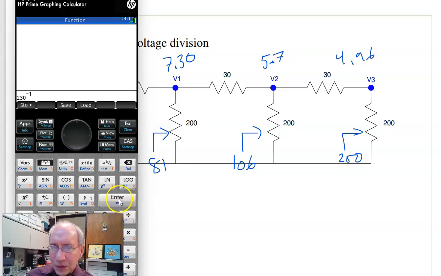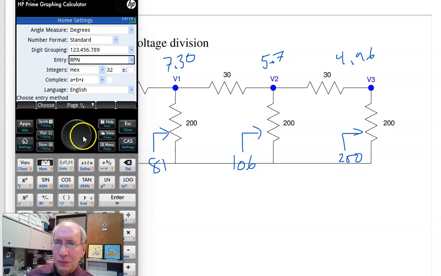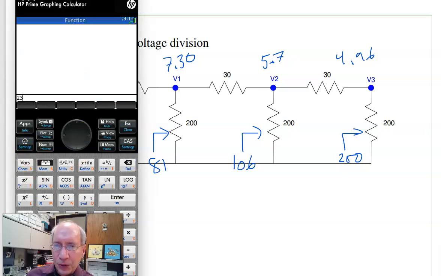Inverse. What's going on here? There it is. I was out of RPN mode. Let me try that again. 230. Inverse. 200. Inverse. Add. Inverse. That's 106 ohms.